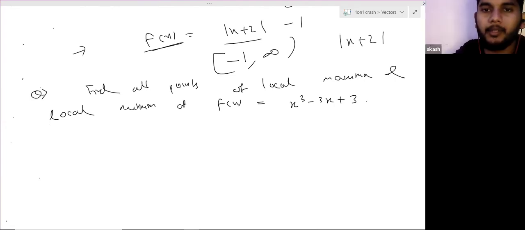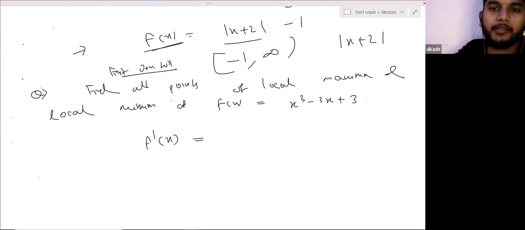All right. So in this question, what you have to do is, this is called the first derivative test. So you have to differentiate this function. So you will get 3x square minus 3.